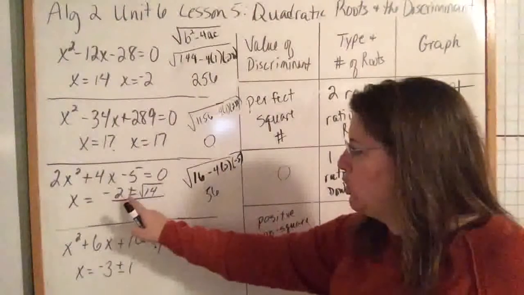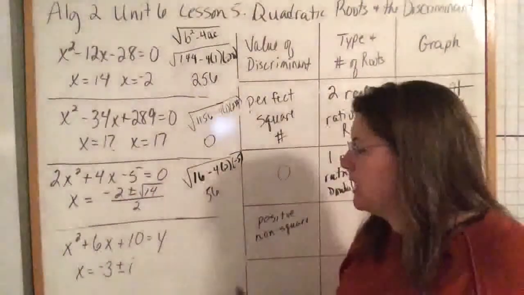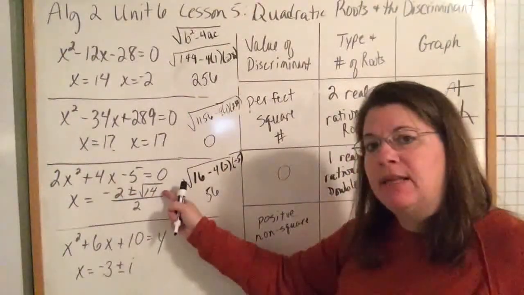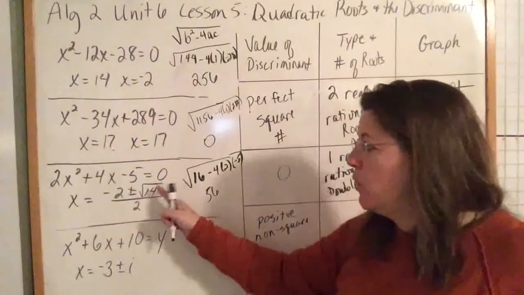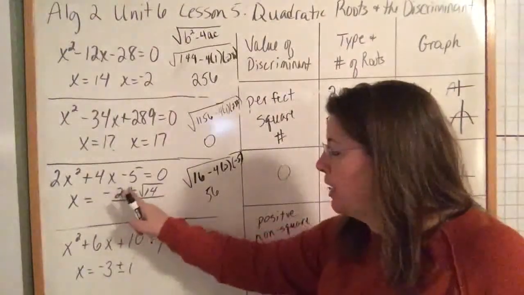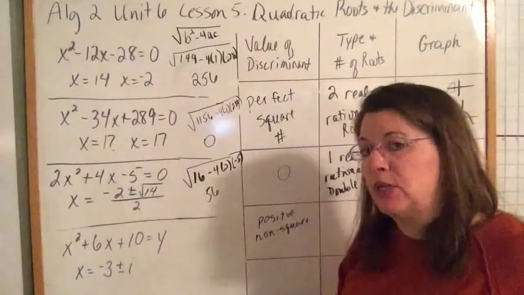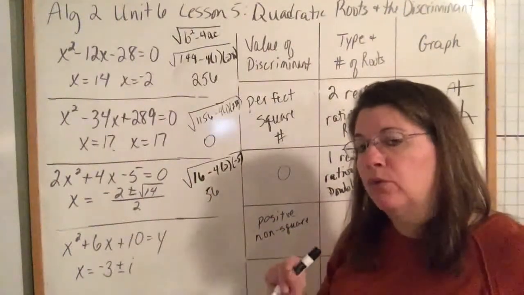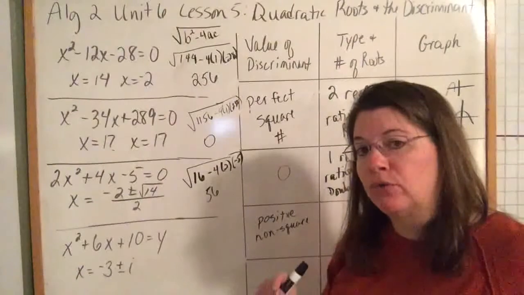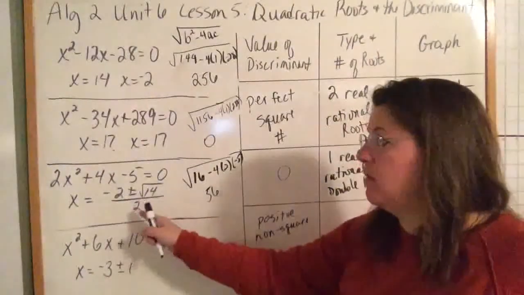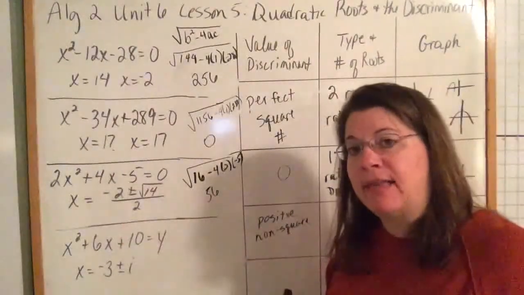Well, the square root of 14 is an irrational number. So we have -2 plus square root of 14 over 2 and -2 minus square root of 14 over 2, 2 real irrational roots. So what that means is they're just going to be crossing the x-axis at decimals.